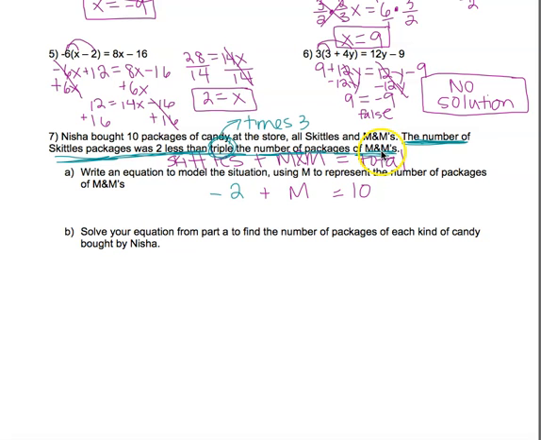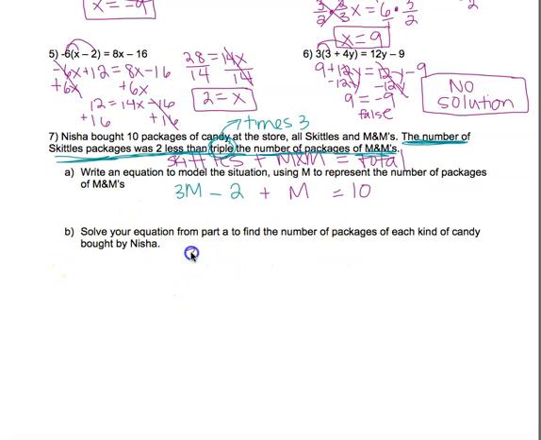Well, the number of packages of M&Ms is M, so times 3 is 3M. So 3M minus 2 represents Skittles. This is how many packages of Skittles she bought, plus the number of packages of M&Ms equals the total, which was 10. So that's our equation.